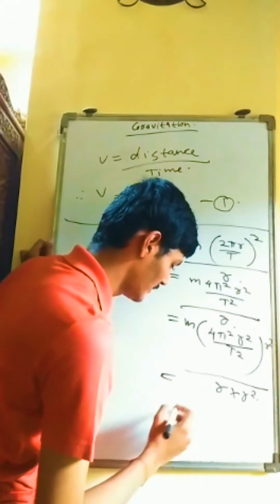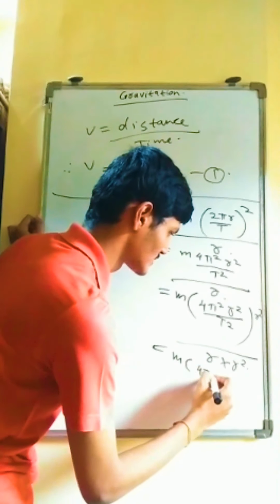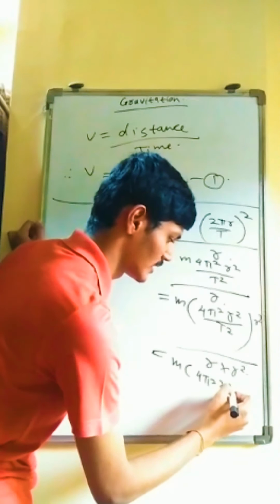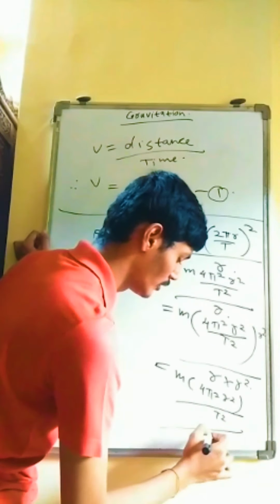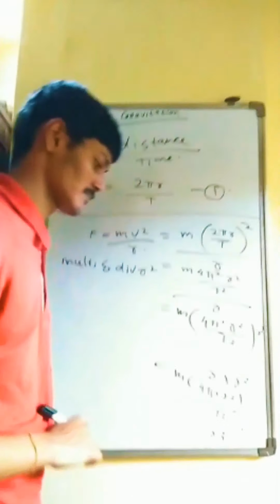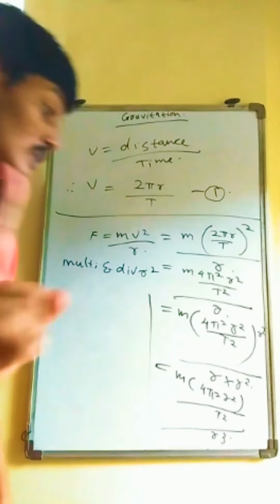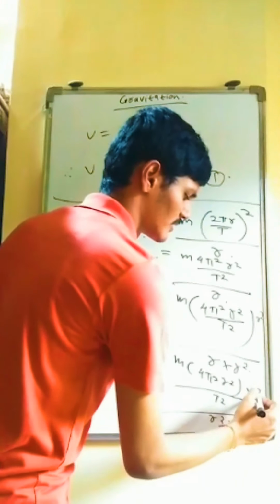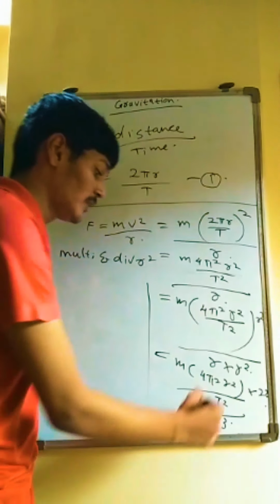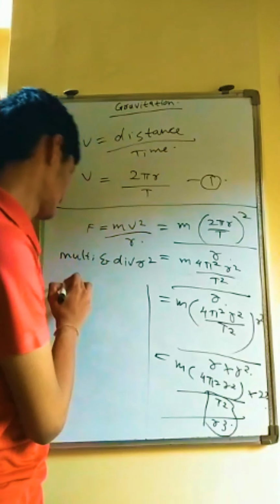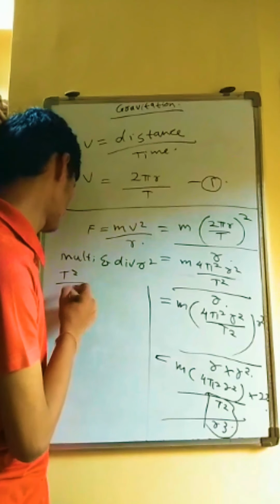Now if we simplify it further, we get m 4 pi square r square upon T square, the whole upon r cube. This is the equation which we will get. Now here we have an r square as normal. We multiplied. Now if we observe this part, I just pick up this part, T square upon r cube.